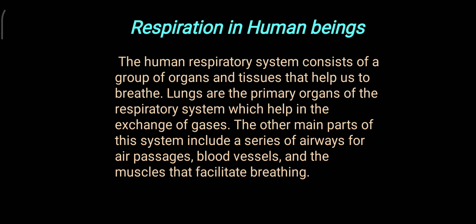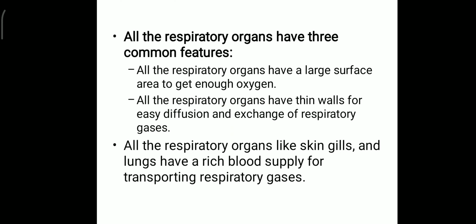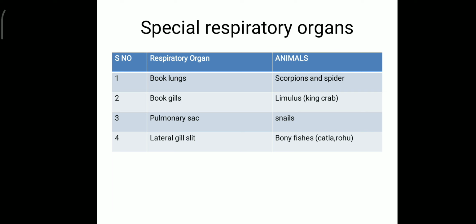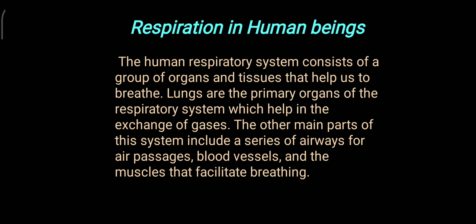In the previous class itself, I informed you that respiration in the human being takes place with a group of organs and tissues that help us to breathe. Different types of organs are involved in the respiratory system. Here, the lung acts as the primary organ for the respiratory system.